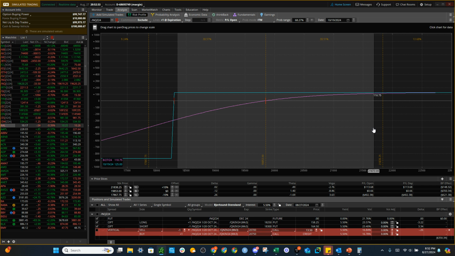Again, like I said, there's a big positive drift in the market 70% of the time. So it's really good when you sell put options.